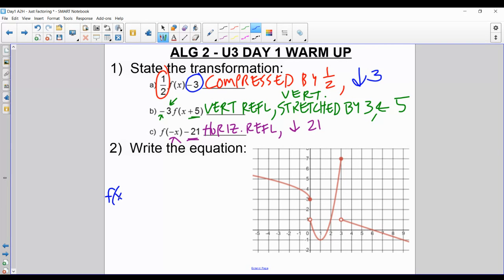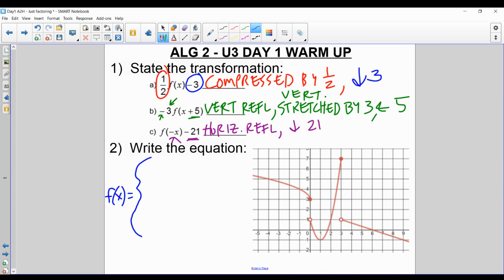So I say f of x is equal to, and then I'm going to have my 3 parts. Well, the first part is a square root. It is shifted up, and it's reflected horizontally.